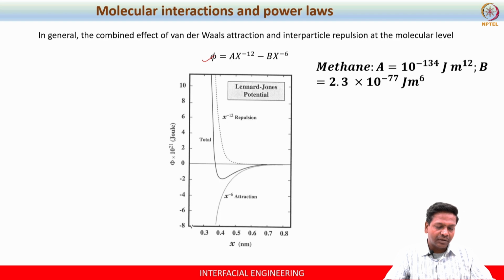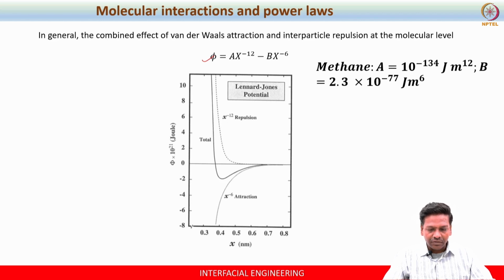Because this repulsion energy is not finite, it indicates that the molecules cannot penetrate further. The repulsive energy cannot be a finite value. It's infinity because it tells us that molecules cannot penetrate any further.